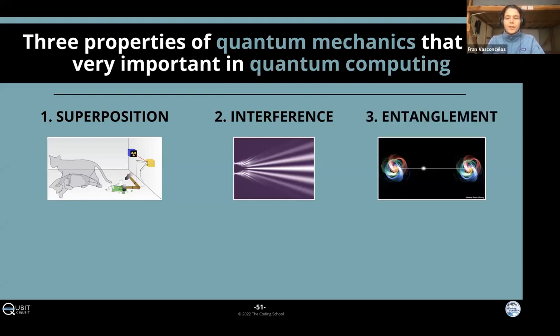The third and final property is entanglement, which is a really cool, crazy quantum phenomenon in which you can establish quantum correlations between particles. When I was first learning about quantum mechanics, the example that was given to me to explain entanglement is: say you have a pair of gloves, one goes on your left hand, one goes on your right hand.